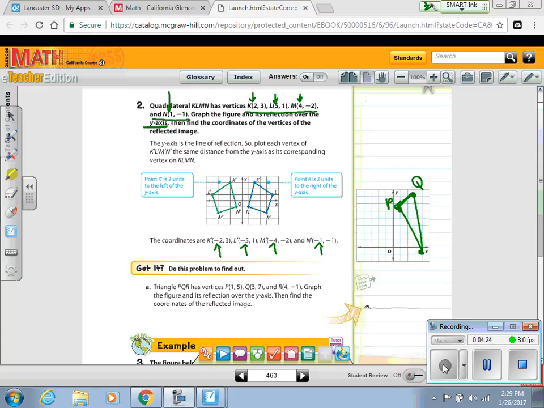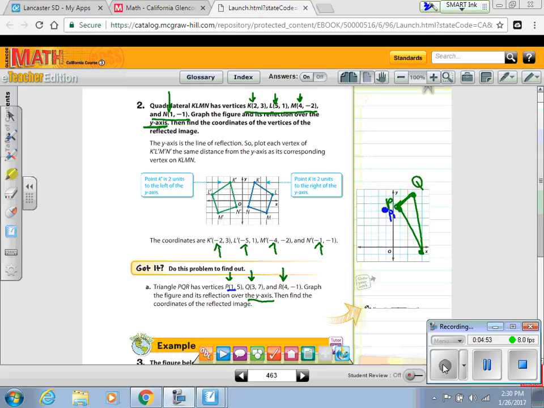Okay. And now we're going to multiply these. It's going across the y-axis. So we're going to multiply the x's by -1. So -1 times 1 is -1. So the new P is going to be (-1, 5). That's P prime.